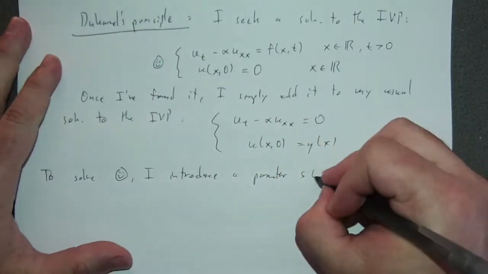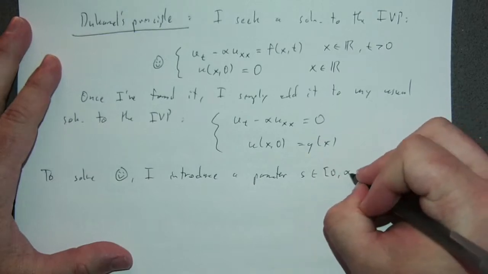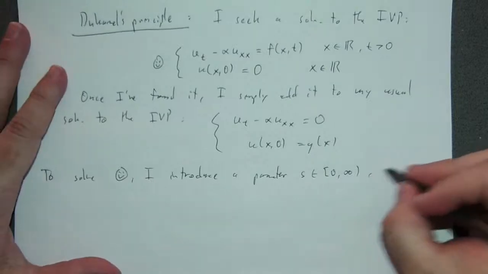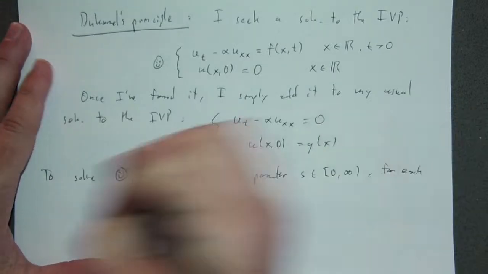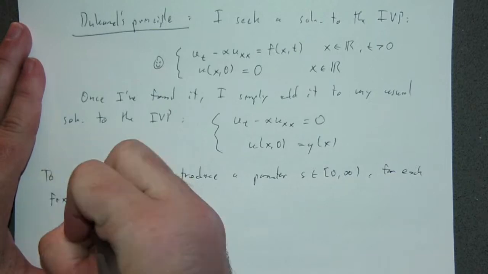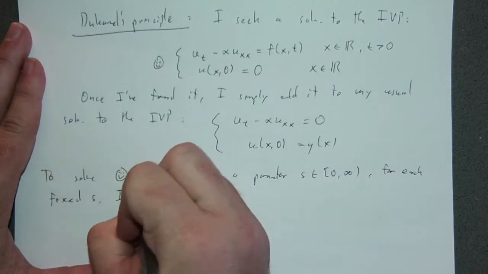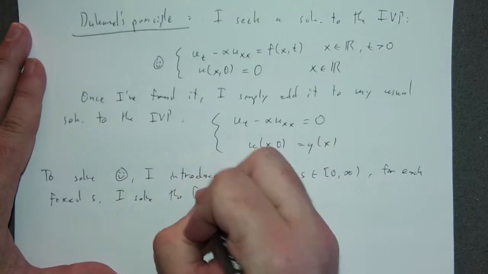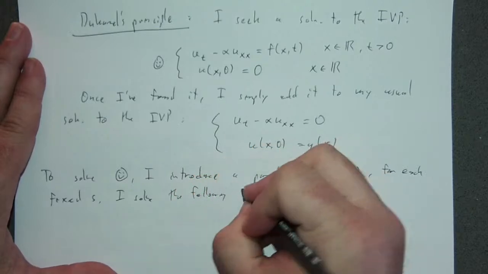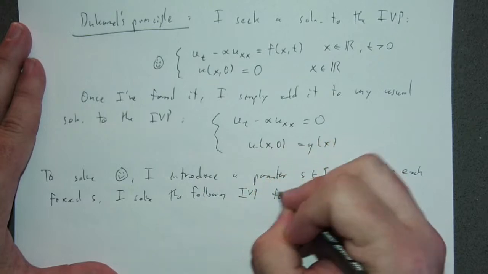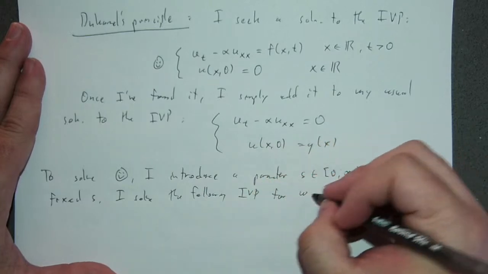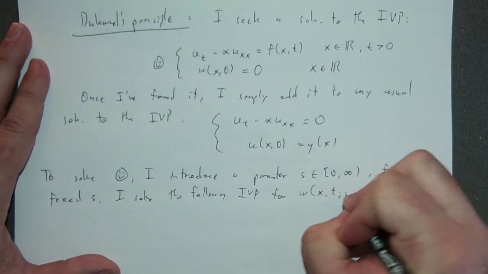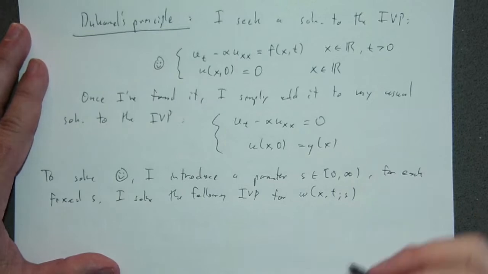And this parameter s is between 0 and infinity. And for each fixed s, I solve the following IVP for, we called it in the wave equation, we called it W. We'll solve this for W of x, t parameterized by s here.